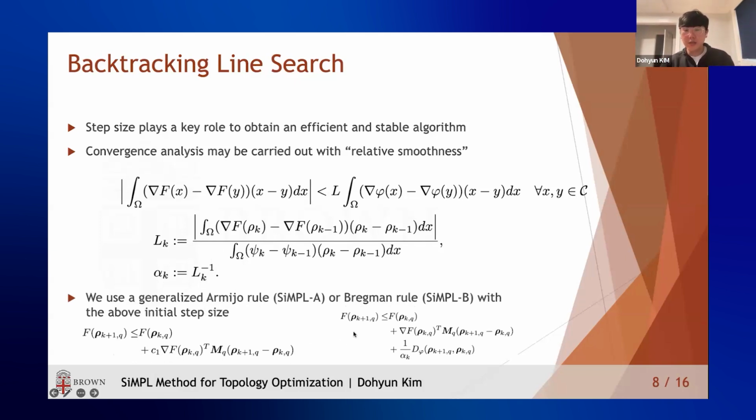And on the right, we have the Bregman rule. This one also ensures a monotonically decreasing objective function, but it involves a little bit more analysis. If we use backtracking line search with the Bregman rule, then we call it the Simple B method.